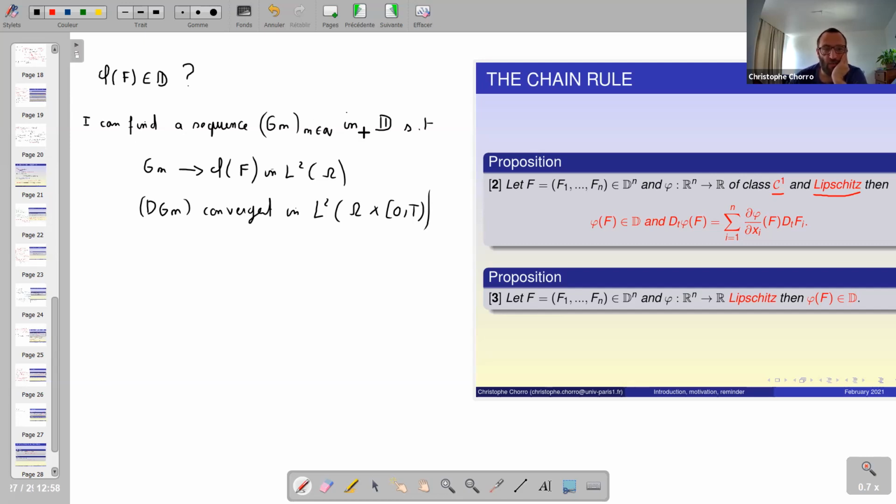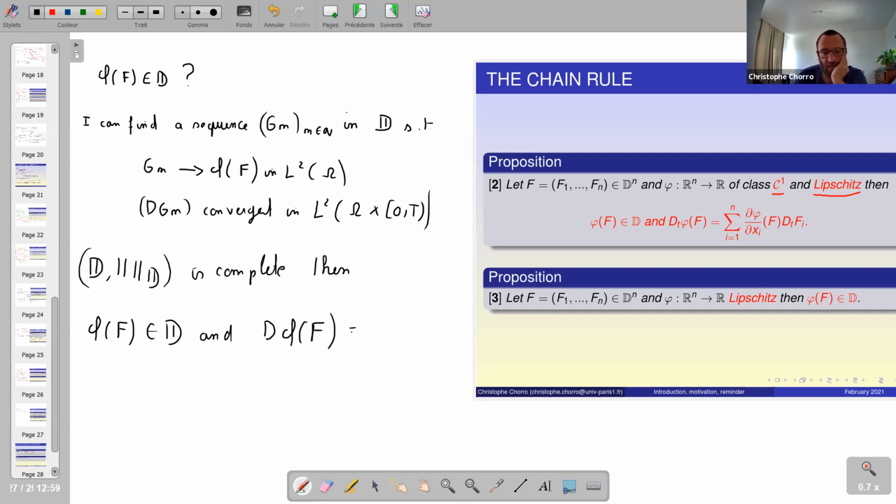If I find a sequence such that I have this, since D equipped with the norm D is complete, then necessarily I know that phi of f belongs to D and that D of phi of f is equal to the limit of D of Gn in L2 of omega times 0 capital T. Why do I have this?